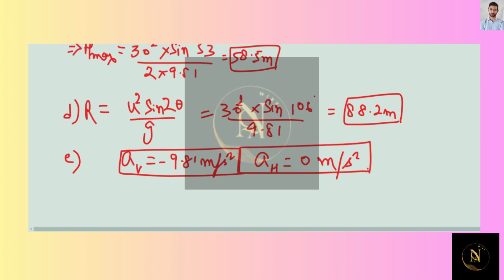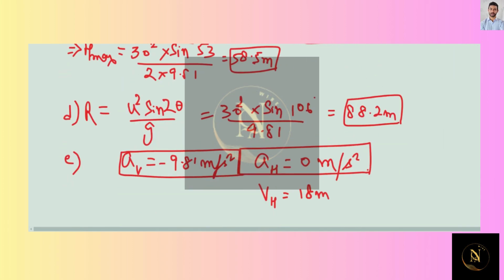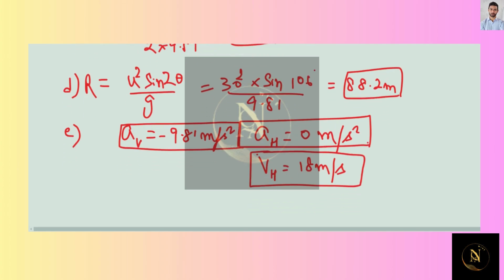Whereas the velocity at the highest point along the horizontal direction will be constant, and that will be 18 meters per second because there is no acceleration along the horizontal direction. But the velocity at the highest point in the vertical direction would be 0 because as the ball goes up, it stops at that point in terms of the vertical motion.